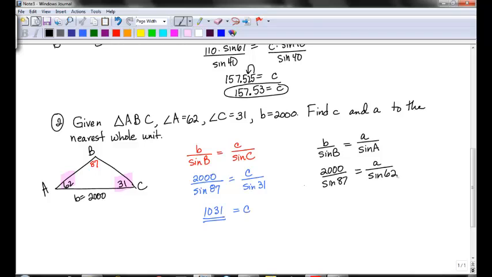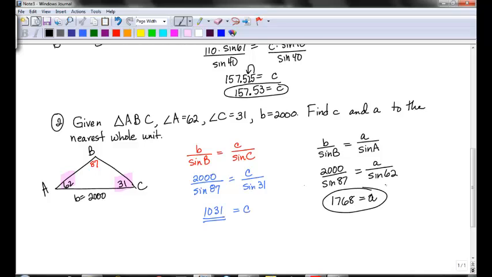I would not put in sine of 62 times 2,000 unless you close parentheses if you put it in that way. So I always put the 2,000 in first, and then times sine of 62. Press enter, and then divide by sine of 87. And I get A is 1,768 if you go to the nearest whole unit. You agree with that? Okay.